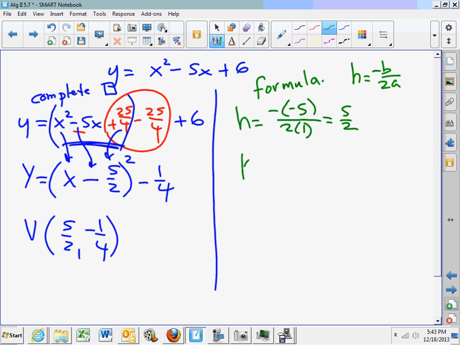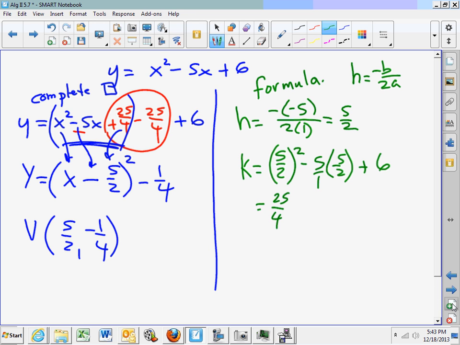Now, k is equal to the value we get when we put h into the quadratic polynomial. So we get 5 halves squared minus 5 times 5 halves plus 6. Now, 5 halves squared is 25 fourths.